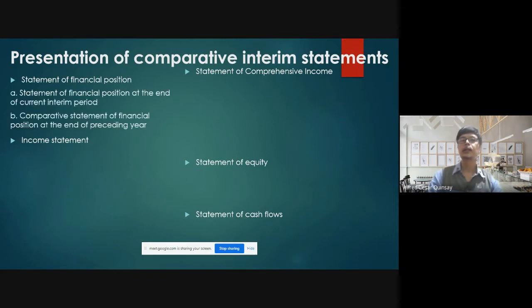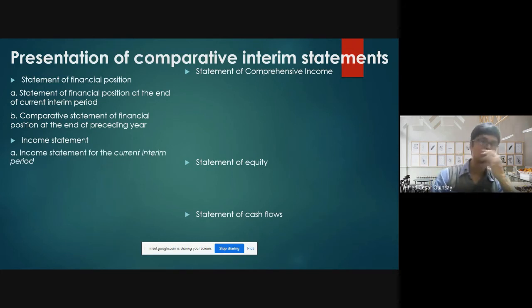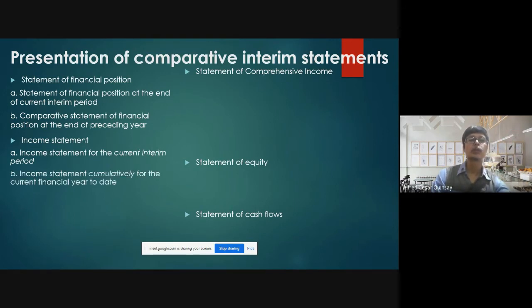The next is the income statement. So first is income statement for the current interim period. So that should also be presented. And of course, income statement cumulatively for the current financial year to date. Okay, so taken in consideration yung mga quarters na kasama doon sa year to date na yon.